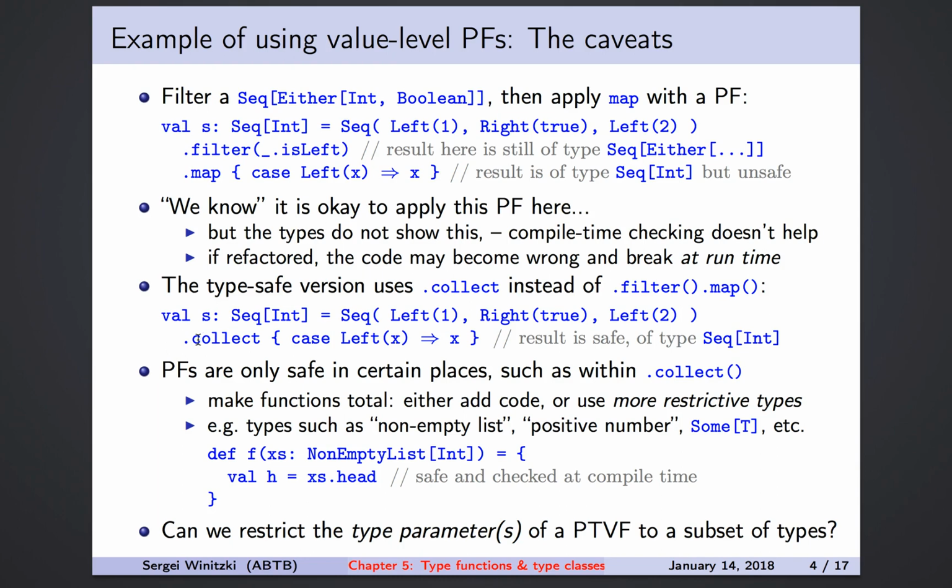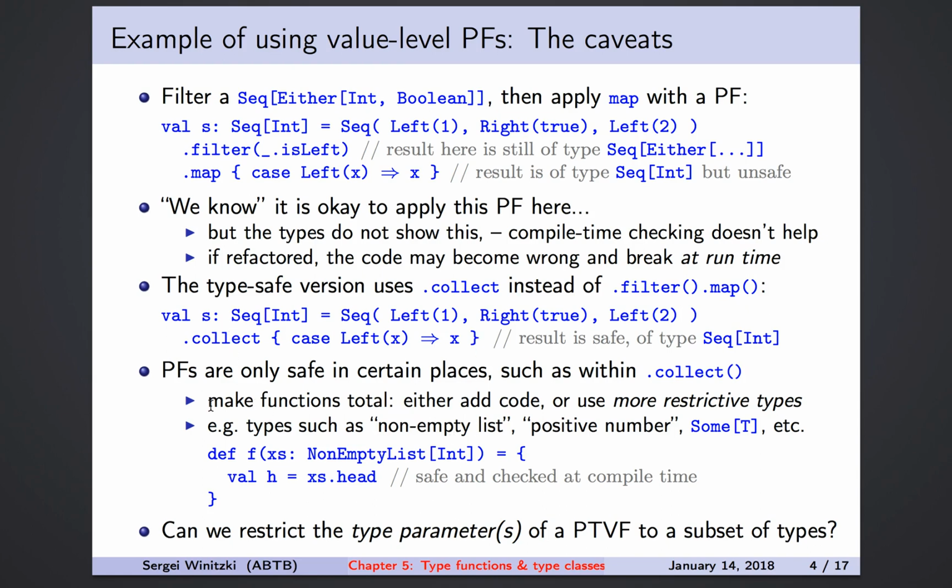That's what collect is doing. And the result is safe. It is of type sequence of Int, and there's nothing you can refactor here to break the safety of this code. So partial functions are safe, but only in certain places where you take care to encapsulate the possible breakage.